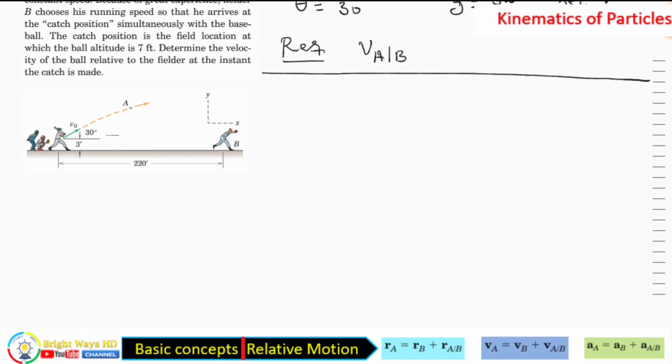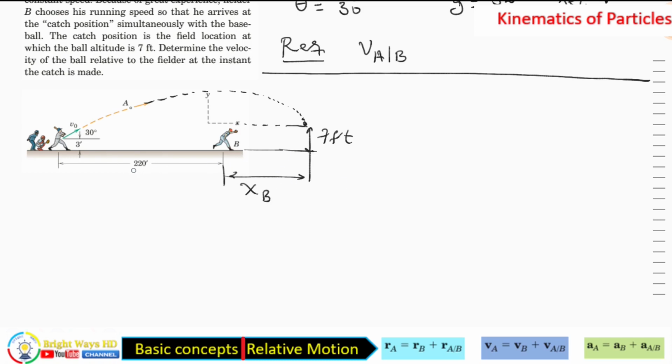If you take out the diagram here, once the ball is launched, fielder B will catch it at 7 feet above the ground. If this part is x of fielder B, that means it will cover that distance during the intended time.